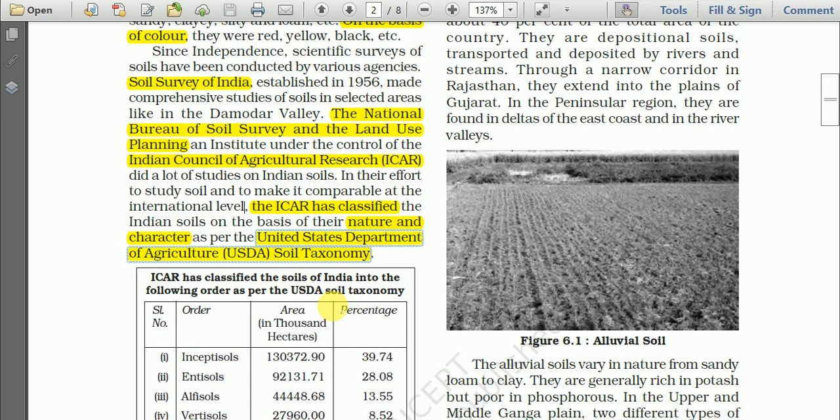So the ICAR is following the USDA soil taxonomy to classify the soils in India, so that soils in India can be compared with the other soils in other parts of the world.